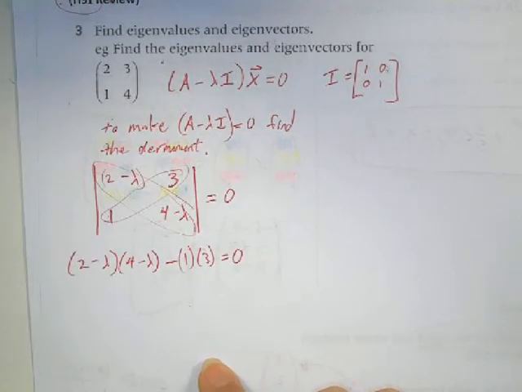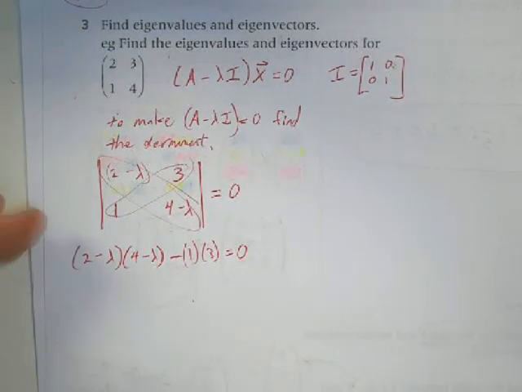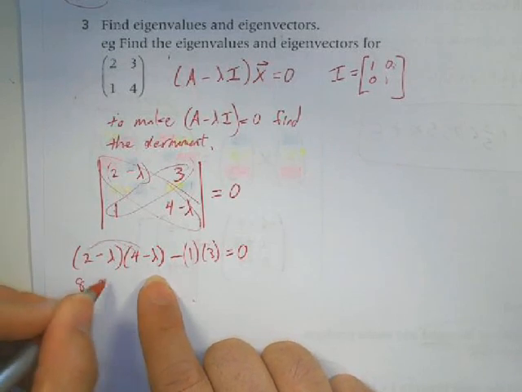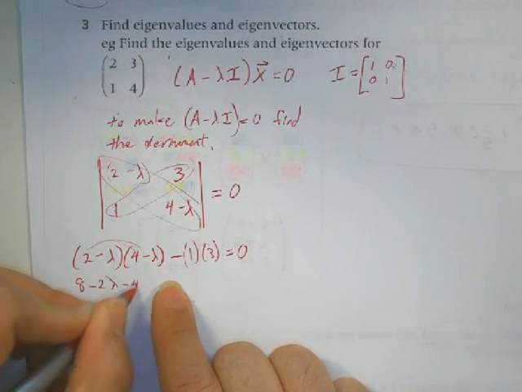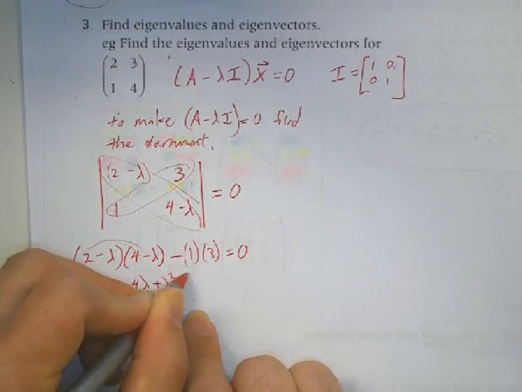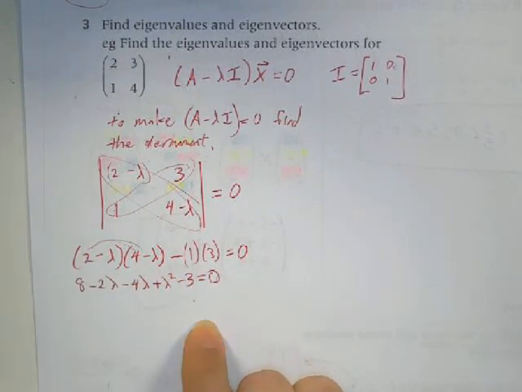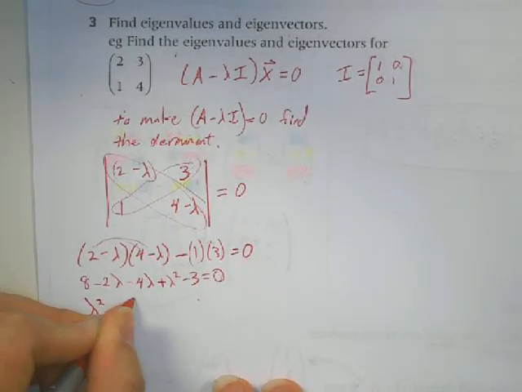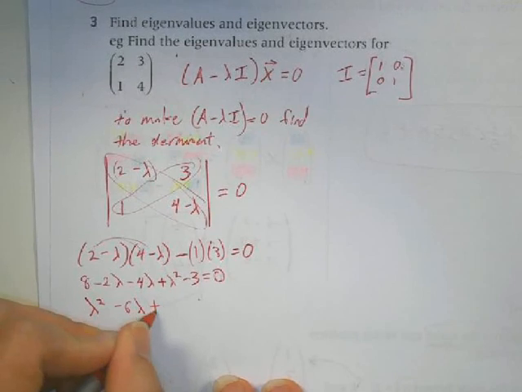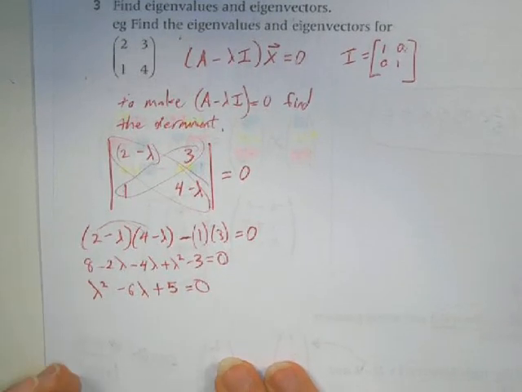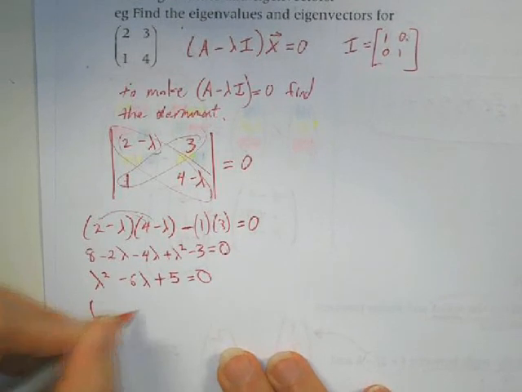We can FOIL this out and I get 8 minus 2 lambda minus 4 lambda plus lambda squared minus 3 equals 0. Combining like terms, I get lambda squared minus 6 lambda plus 5 equals 0. This is going to help us get our eigenvalues.